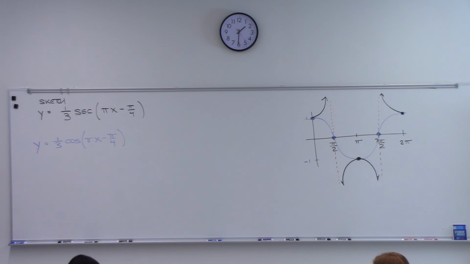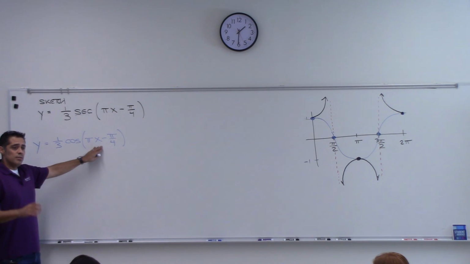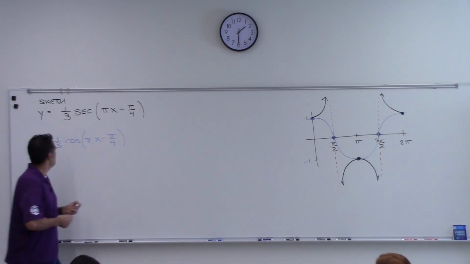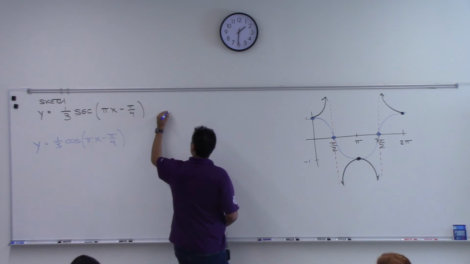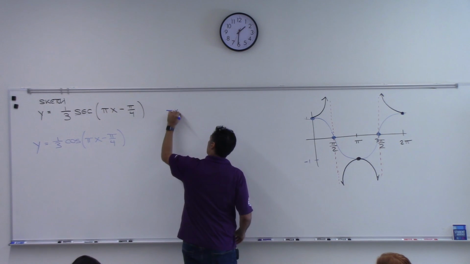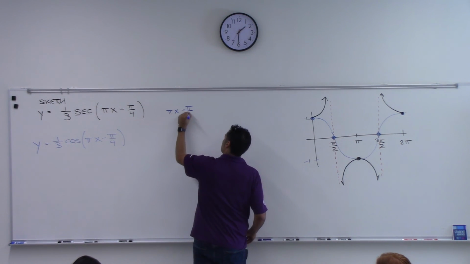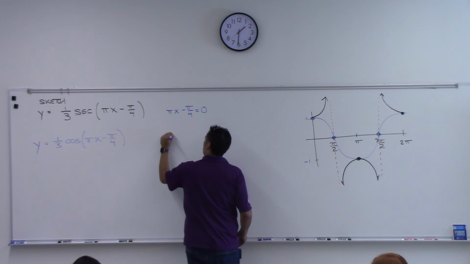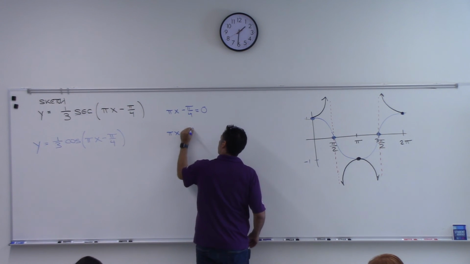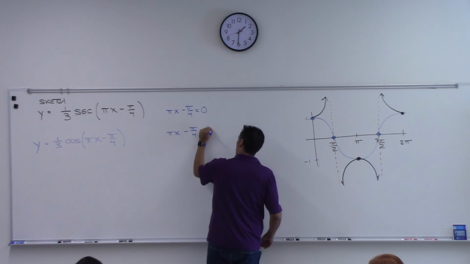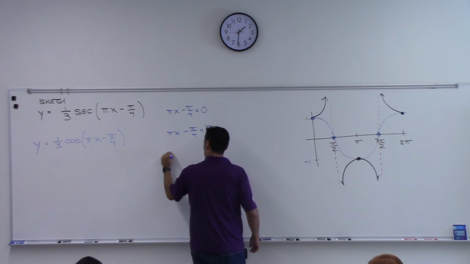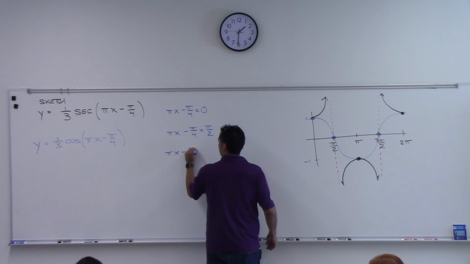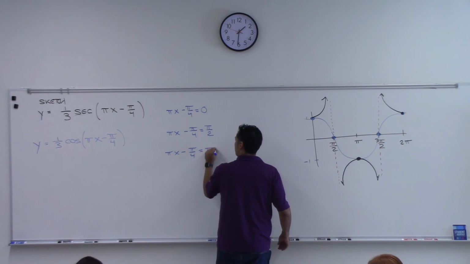And so I take my argument and I set my argument equal to those 5 important points, right? It's going to kind of suck, but you know, it is what it is. So I'm going to take pi x minus pi over 4, set it equal to 0. Pi x minus pi over 4, set it equal to pi over 2. Pi x minus pi over 4 equals pi.